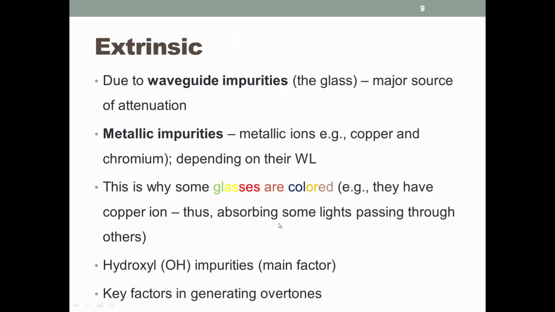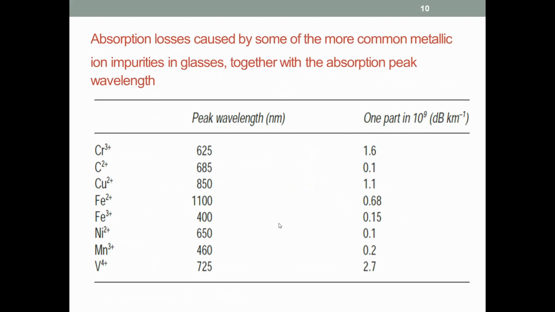You can also have hydroxyl ions, the OH ions present in water. Hydroxyl ion impurities are a key factor in generating overtones. Overtones are like echoes created when you have a small OH impurity. This shows the attenuation per kilometer, and these are the ions: cuprous, cupric, ferrous, manganese, and many more.